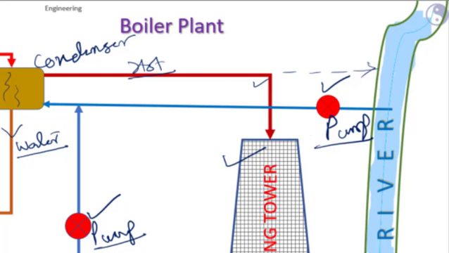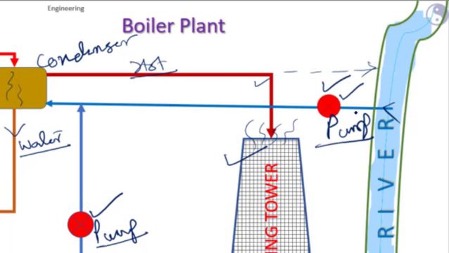In the cooling pond, some amount of water is lost during evaporation and also from the cooling tower. So this loss of cooling water can be compensated with this pump, and it can be taken from the river.